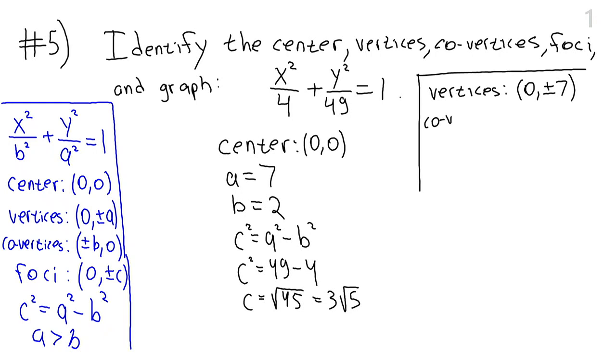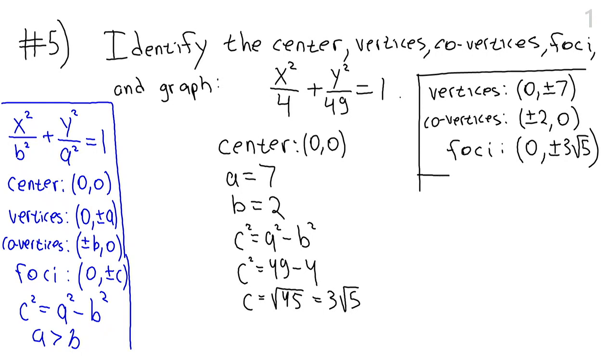The co-vertices of our ellipse are going to be plus minus 2, 0. And the foci of our ellipse are going to be at 0, plus or minus 3 times radical 5.